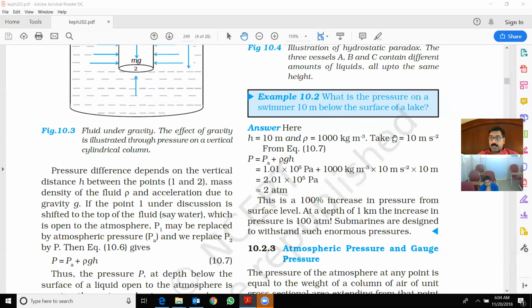So g is of course 10 meter per second square. Height, of course, I may go up 10 meter, but rho has a very, very low value compared to that of water.